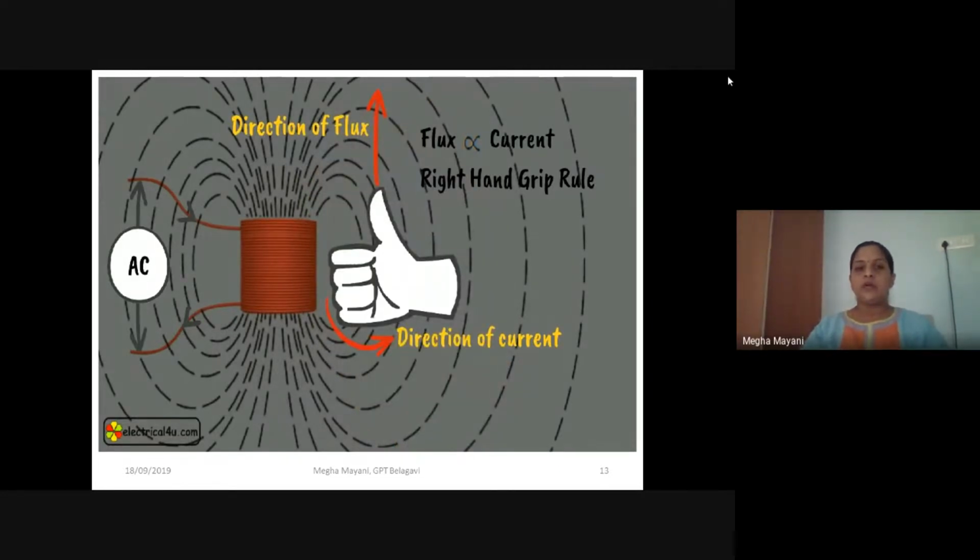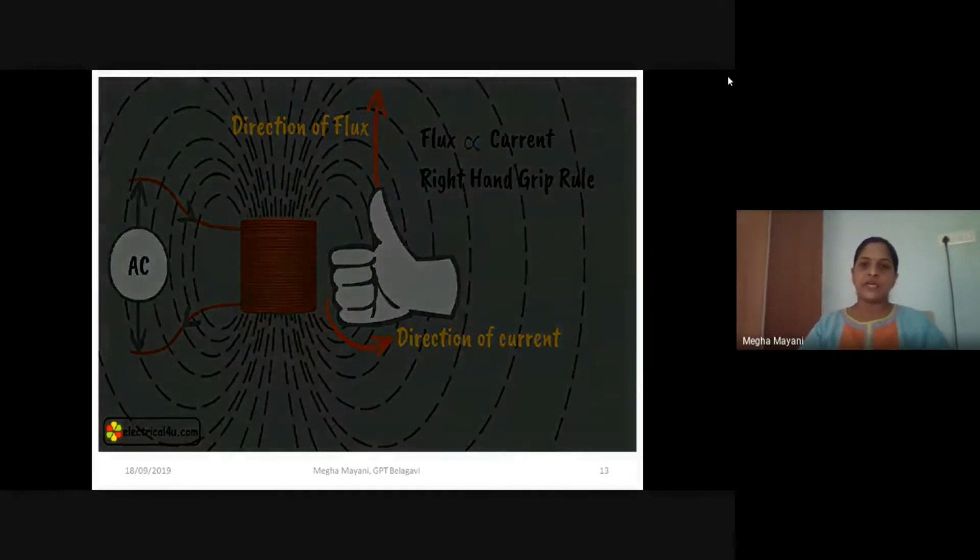Yes, now we have got the direction of flux as well as the direction of current using the right hand grip rule.